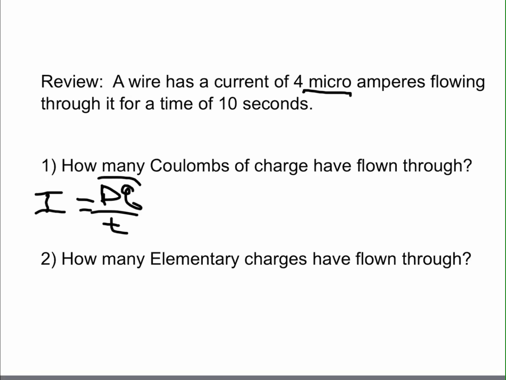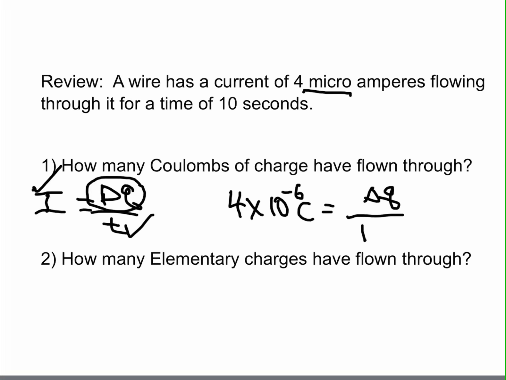SI units for charge rather is coulombs, so we're good here. I was given this, and I was given this, so it's a pretty straightforward question. We got 4 microcoulombs, which is 4 times 10 to the negative 6 coulombs. We're looking for the charge, and we're told 10 seconds.